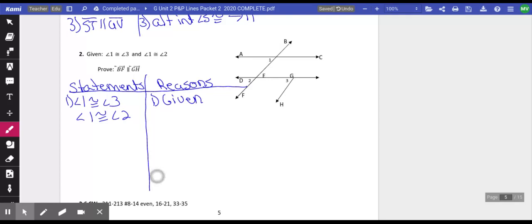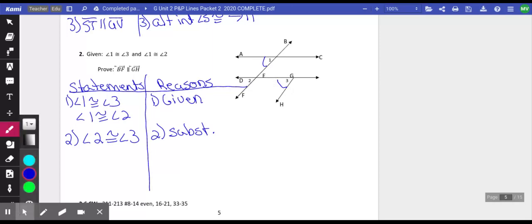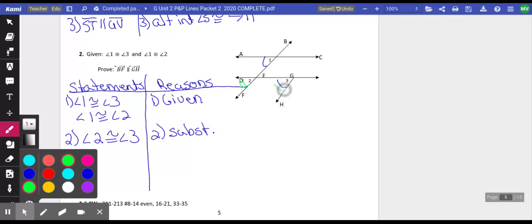So if 1 is congruent to 3 and 1 is congruent to 2, that tells me that 2 is congruent to 3. And that's our substitution property. So we knew 1 was congruent to 3, and we knew that 2 was congruent to 1.